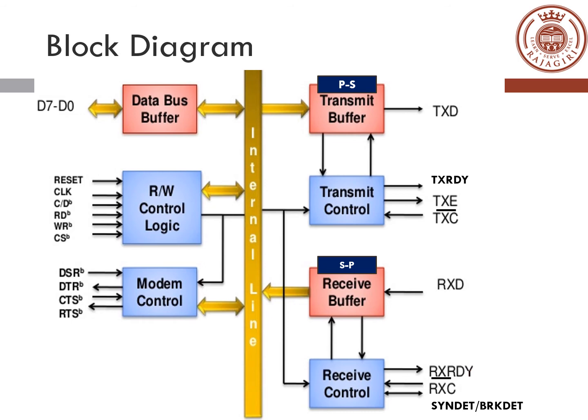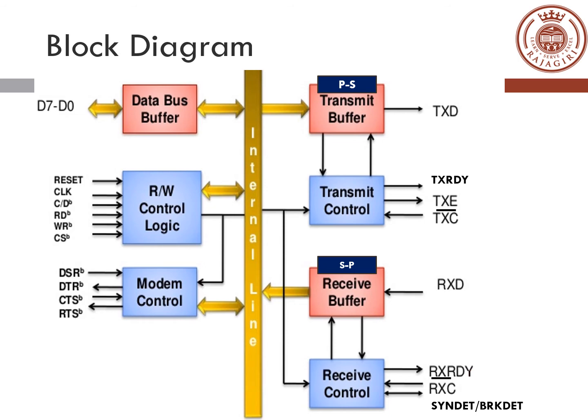The transmit control block controls the transmit buffer. It has 3 signals. The first output signal is transmit data ready to the outside world, and TXE, which is transmit empty, or the buffer is empty, and the transmit clock input.